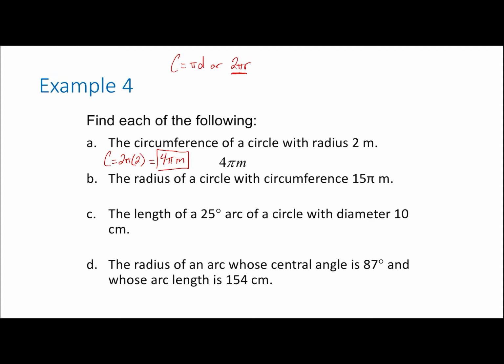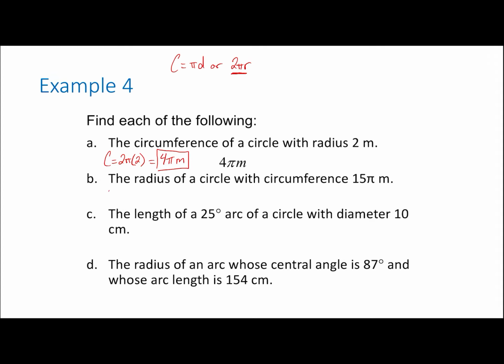Look at the next one. It says the radius of a circle, so we're wanting to find the radius of a circle with a circumference of 15 pi meters. Well, again, in our formula, circumference equals some stuff, right?